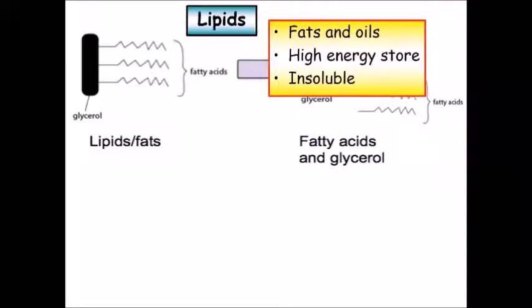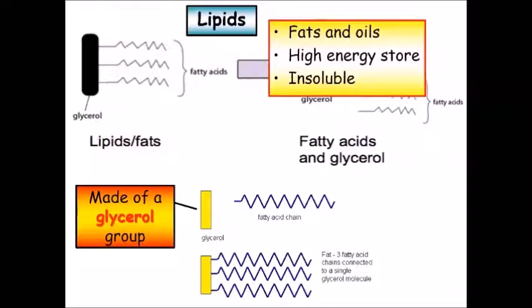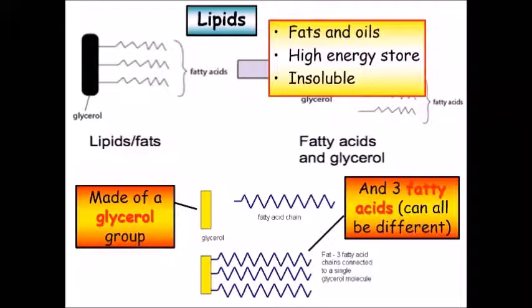And we need to break them down so that all the components can be absorbed. What happens is enzymes work on the fatty acid tails there and break them off from the glycerol. So we end up with glycerol and the three fatty acids being absorbed into the bloodstream. Together, this is too big to be absorbed. But if we break it apart, it can move in through the very tiny little gaps in the blood vessels.